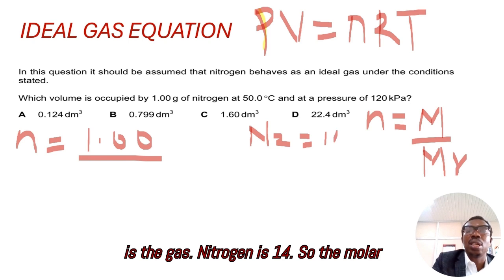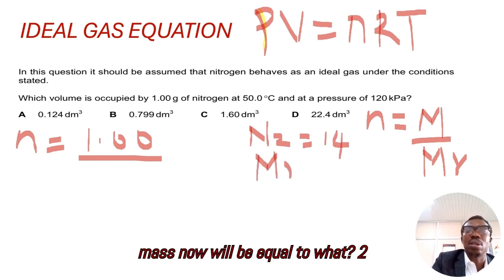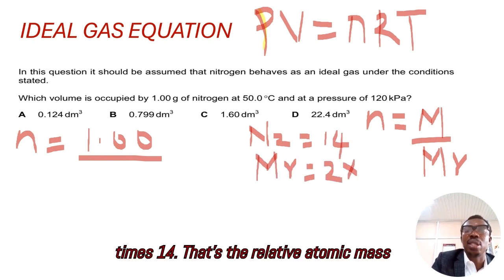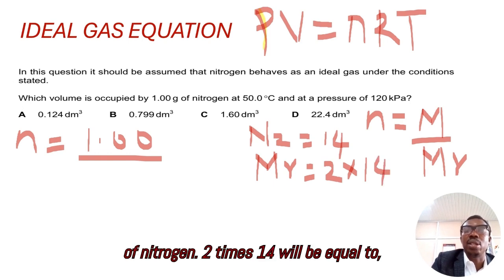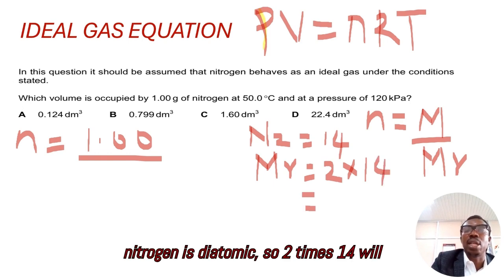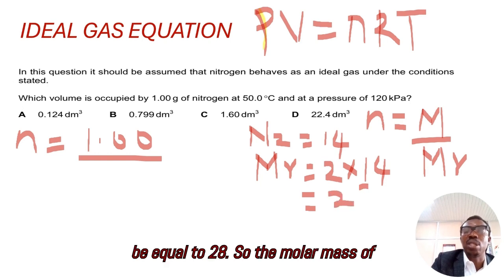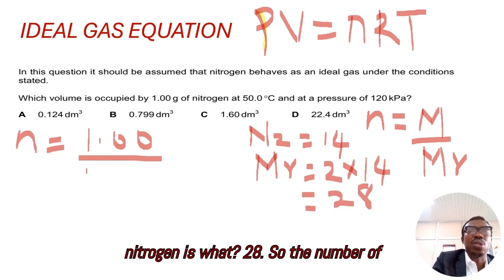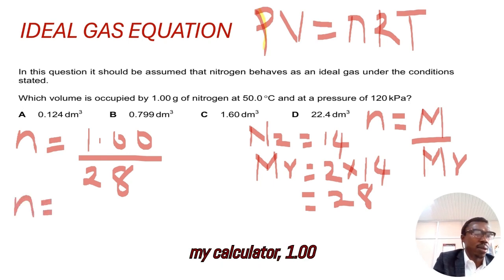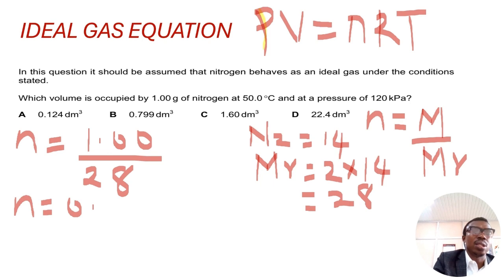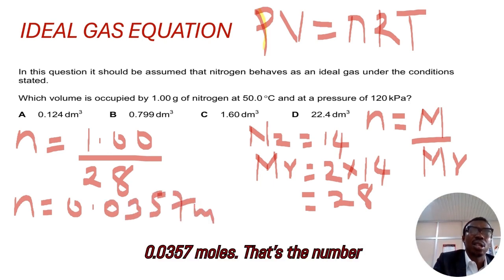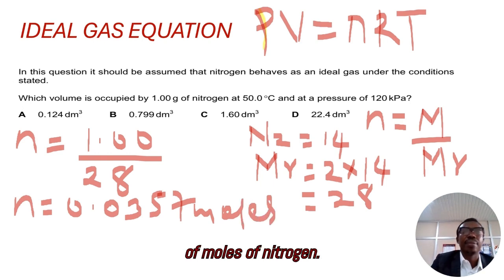Nitrogen is 14, and nitrogen is diatomic, so the molar mass is 2 times 14, which is 28. So the number of moles is 1.00 divided by 28, which gives 0.0357 moles of nitrogen.